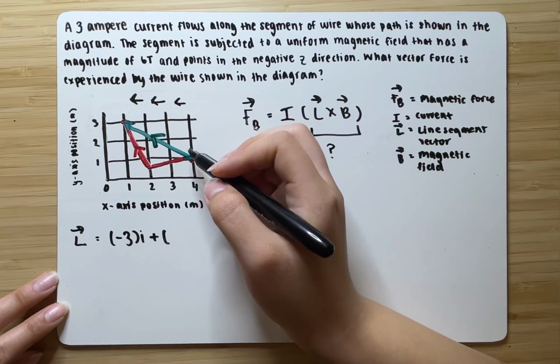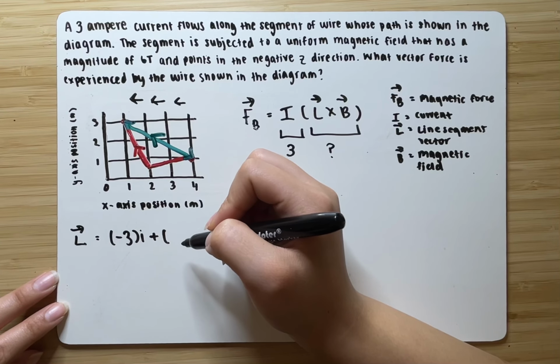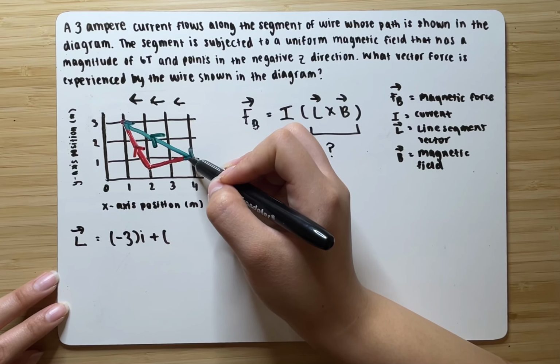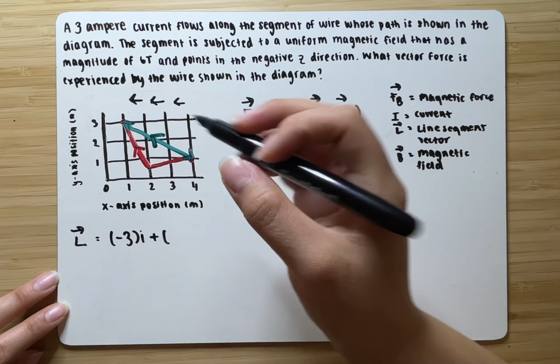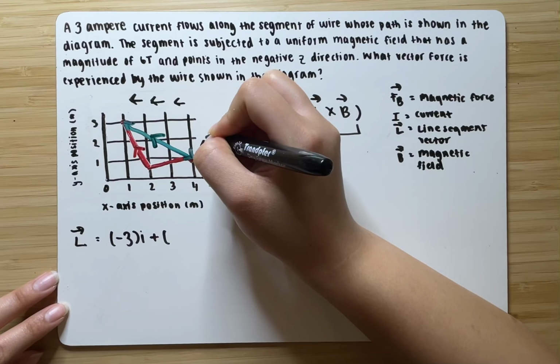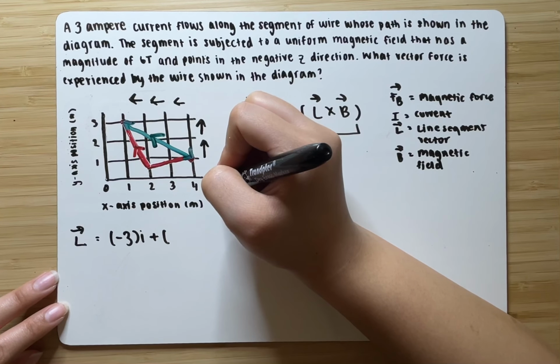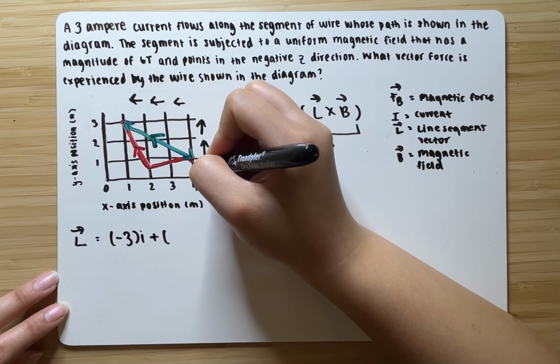Now for our j component, aka our y-axis, we're looking at this point and seeing how much this point has to move in order to be in this position in terms of the y-axis. It has to move up 1, 2. So it would be a positive 2.